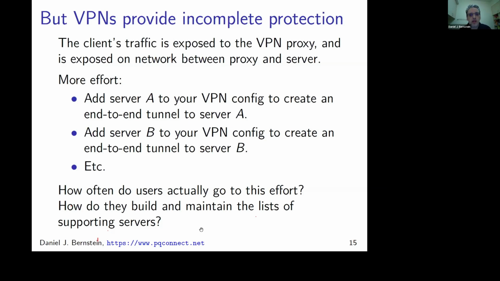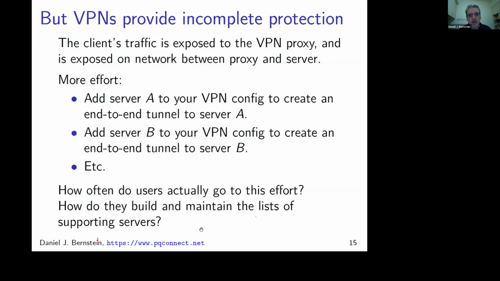On the server side, you have to set this up and configure it to make sure anybody can connect, but not allow any forwarding, because you don't want anybody forwarding through your server. And on the client side, you have to figure out which servers are supporting this, and configure your VPN software to connect to each of those servers.